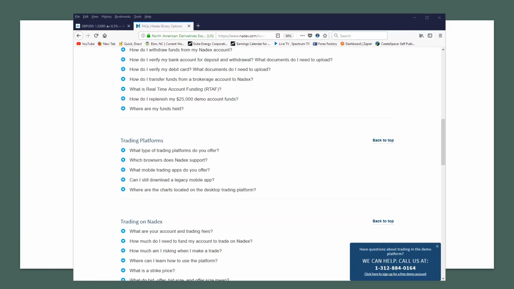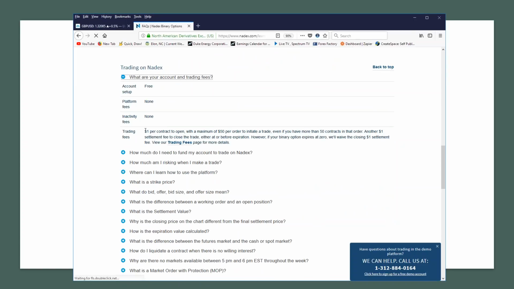What the commission structure is, Lynn? They do not charge a commission. They are an exchange. They charge an exchange fee. And if you go to what are your account and trading fees, it's $1 per contract to open with a maximum of $50 per order to initiate a trade, meaning if you're trading 50 contracts or more, then that would be the maximum you would pay.